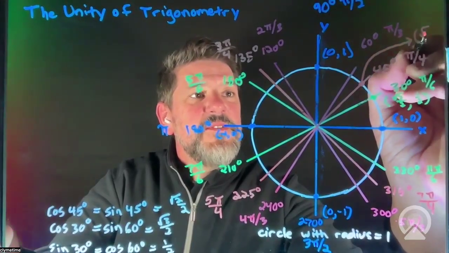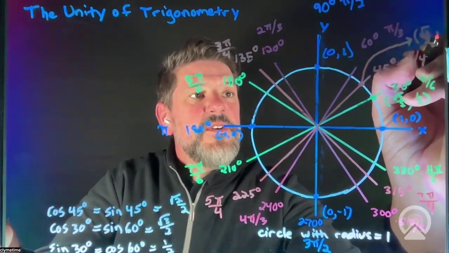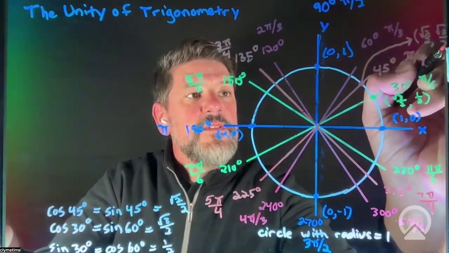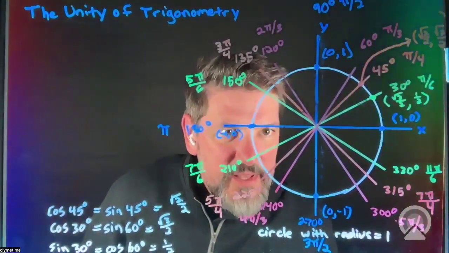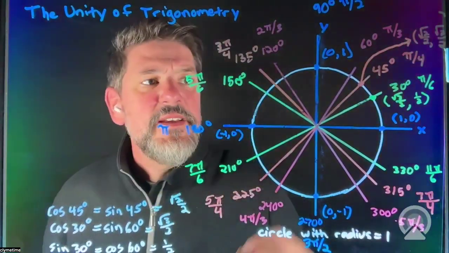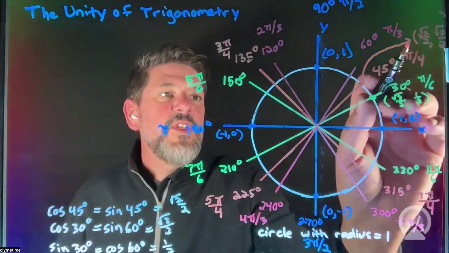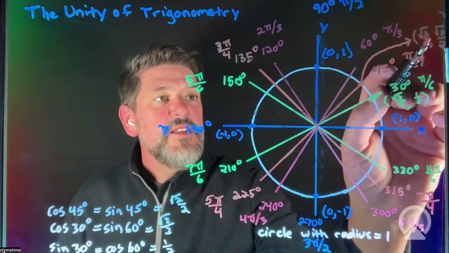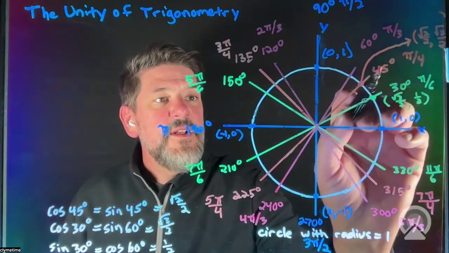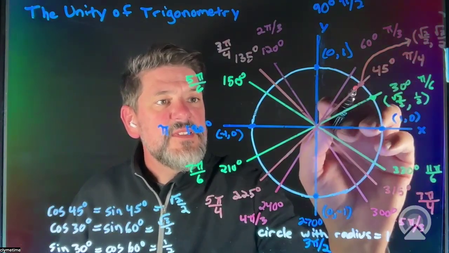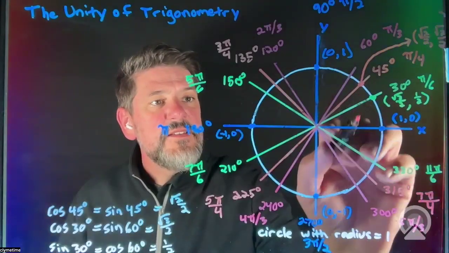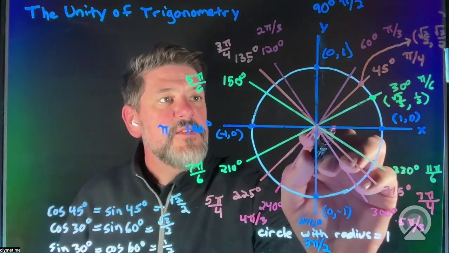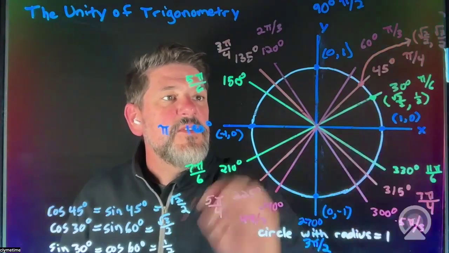So we've got square root of 2 over 2 and another square root of 2 over 2. So the cosine of 45 degrees, or pi over 4, is square root of 2 over 2. The sine of 45 degrees is also square root of 2 over 2, because that's the y value. So the y is the sine, the x is the cosine.